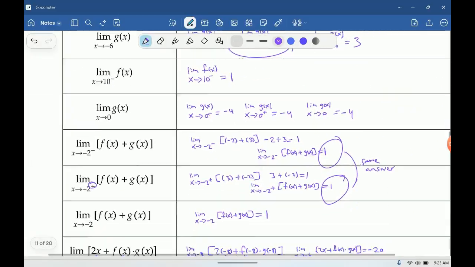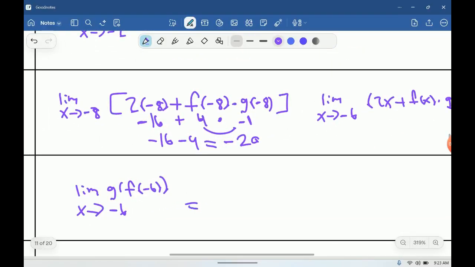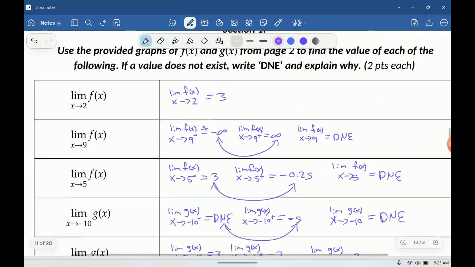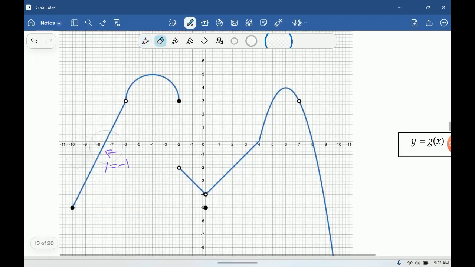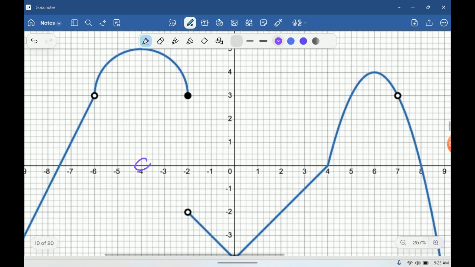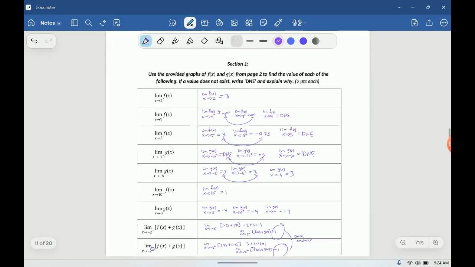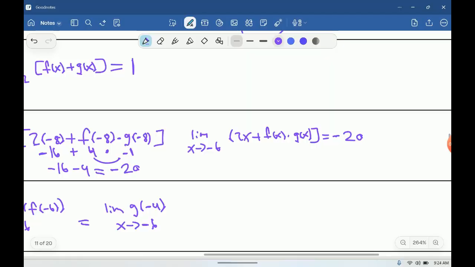We're going to go ahead and replace this for the limit of g at negative 4 as the limit approaches negative 6. And now we need to find negative 4 on g of x. We're going to find x equals negative 4 right here, and we're going to see that both limits happen to meet at the same spot right here, which is y equals 5. We're going to go back down here, and we're going to say that the limit of g considering f of x as the limit approaches negative 6 equals 5.